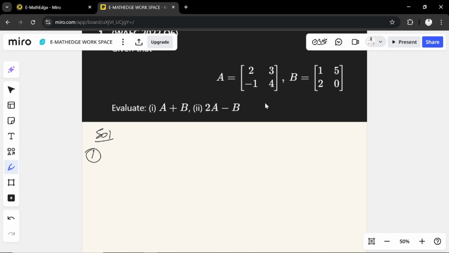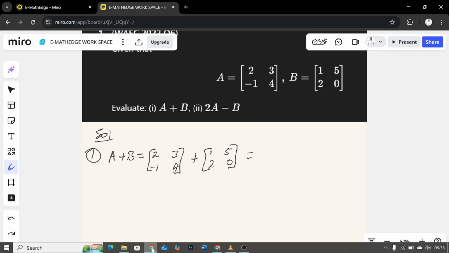Question 1 is requesting us to add matrix A plus matrix B, right? And what is matrix A? Matrix A from the question is given to be 2, 3, minus 1 and 4, plus matrix B. Matrix B is given to be 1, 5, 2 and 0, right?